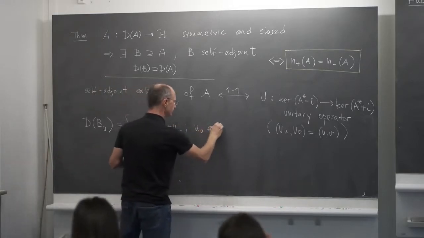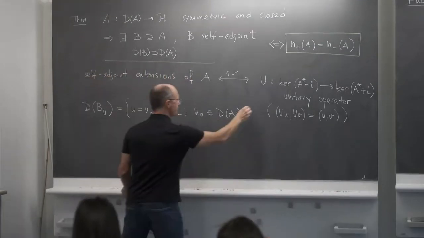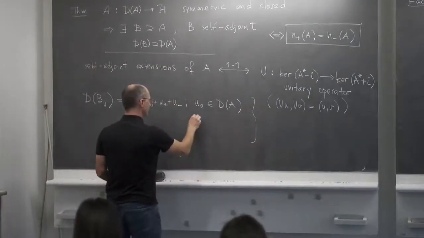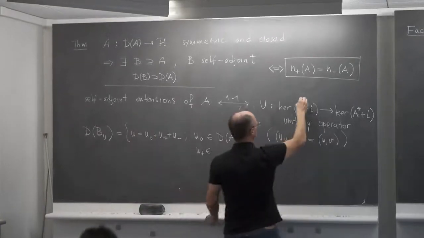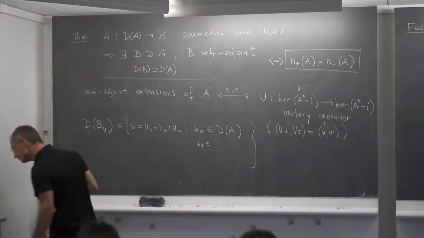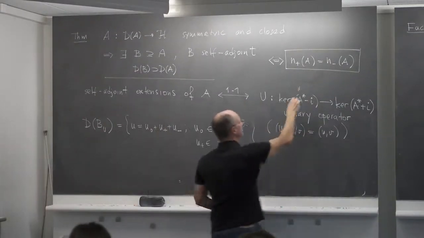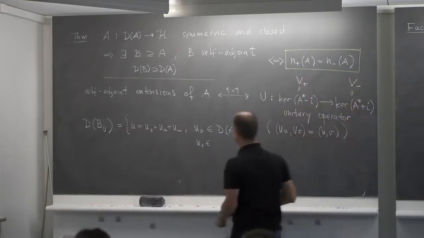So u naught is in the domain of A. Let me denote this space by V plus and that space by V minus.